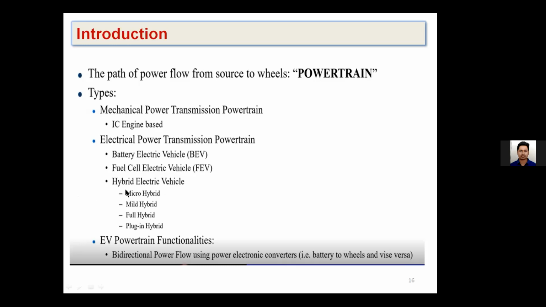Hybrid means a combination of IC engine and some battery. We'll see the other types later on: micro hybrid, mild hybrid, full hybrid, and plug-in hybrid.